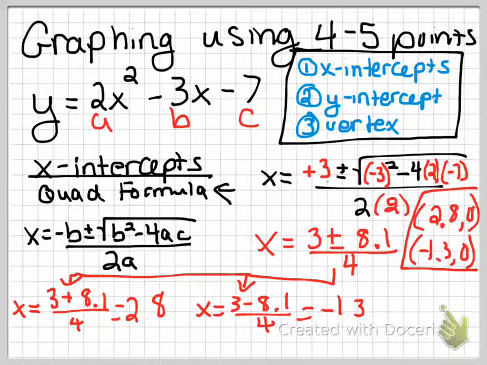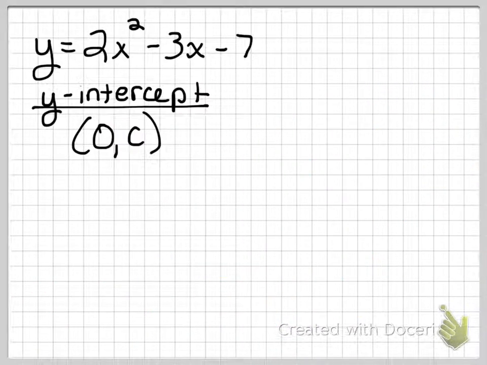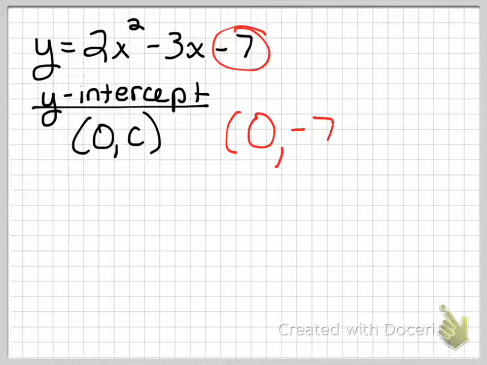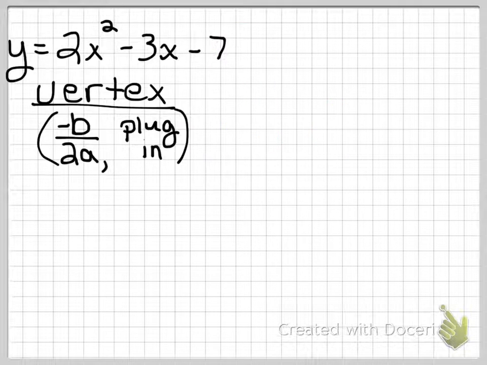Now let's move on to the next one, our y-intercept. The y-intercept is very easy. You just have to remember that it is 0 comma c. So for this one, our y-intercept is 0 comma c, which is negative 7. So 0 comma negative 7 is my y-intercept.